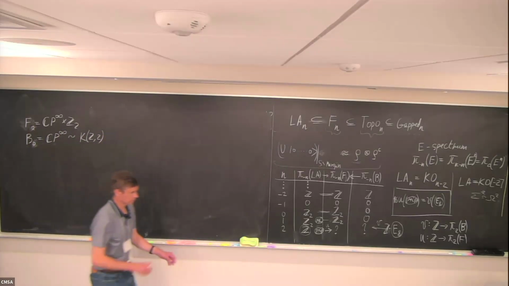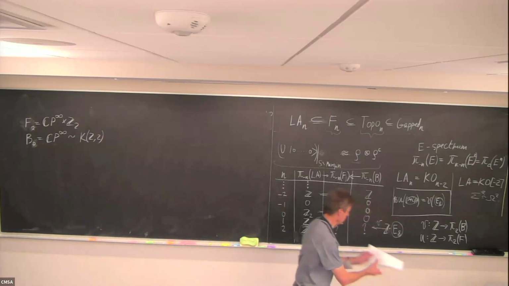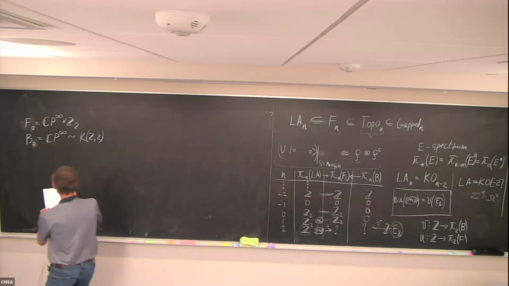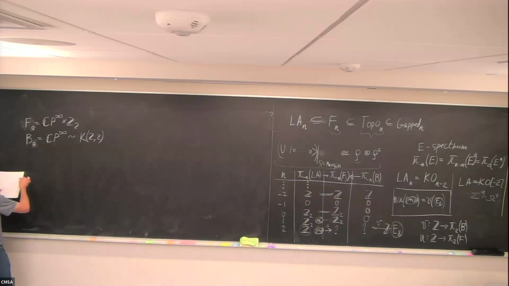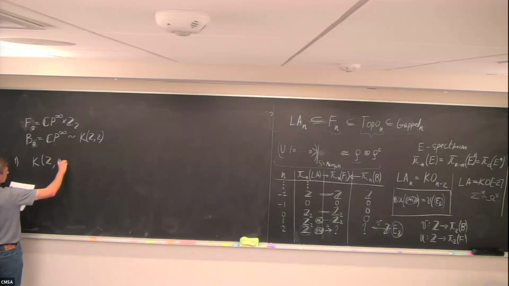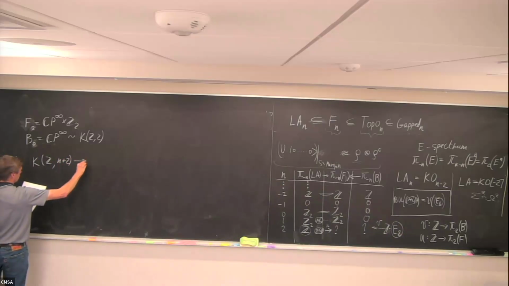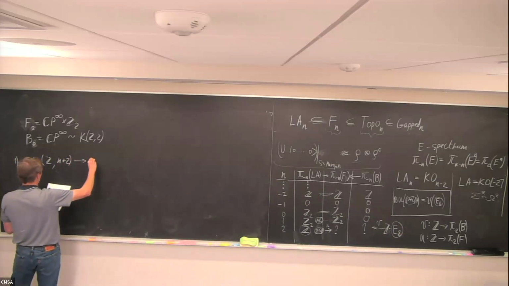Namely, let me just write it down. First, we can construct K(Z, n+1) mapping to Bn.